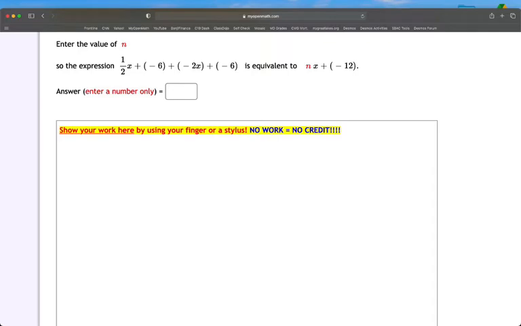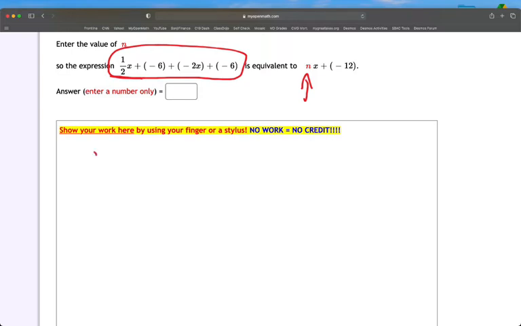So the expression 1/2 x plus negative 6 plus negative 2x plus negative 6 is equivalent to nx plus negative 12. So basically, we're trying to figure out that if we were to simplify this side, what would the value be in front of the x, the coefficient in front of the x in the answer?